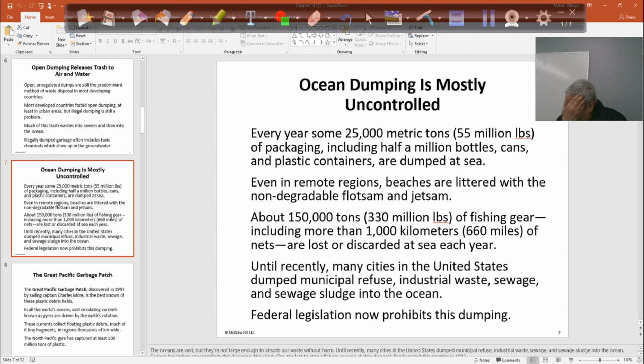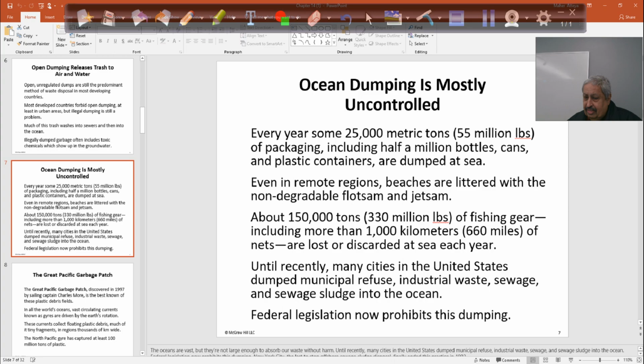Those fishing nets end up in the ocean, and they are spread out over 1,000 kilometers, 660 miles. Nets are lost or discarded at sea each year. So each year a lot of fishing nets and fishing gear are dumped inside the ocean.